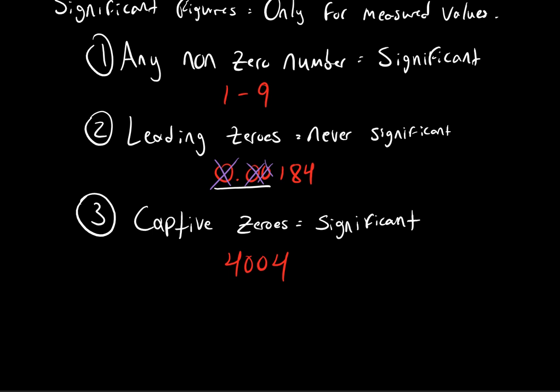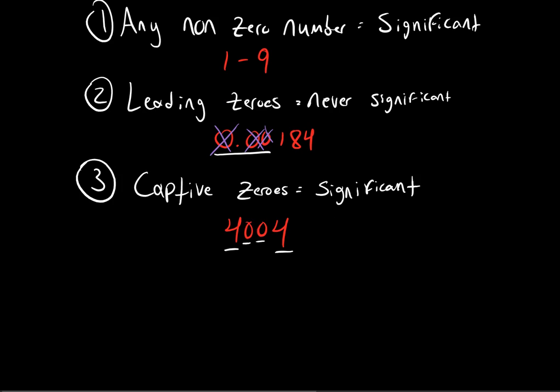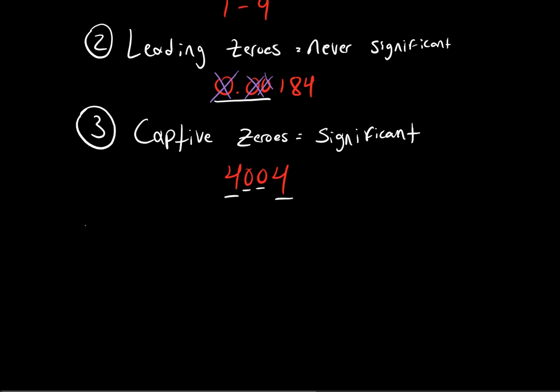Now, automatically looking at it, this 4 is not a 0, so it's significant. This 4 is not a 0, so it's significant. These two zeros that are trapped in between are significant. The reason for that is because if I change either of these, this number place changes as well, because it's going up by 10. It significantly changes your number there. So these are not just placeholders. They're actual important numbers, so those captive zeros are always significant.